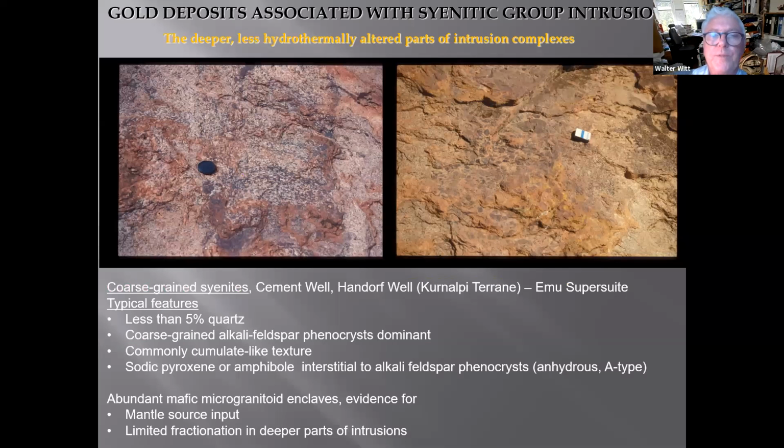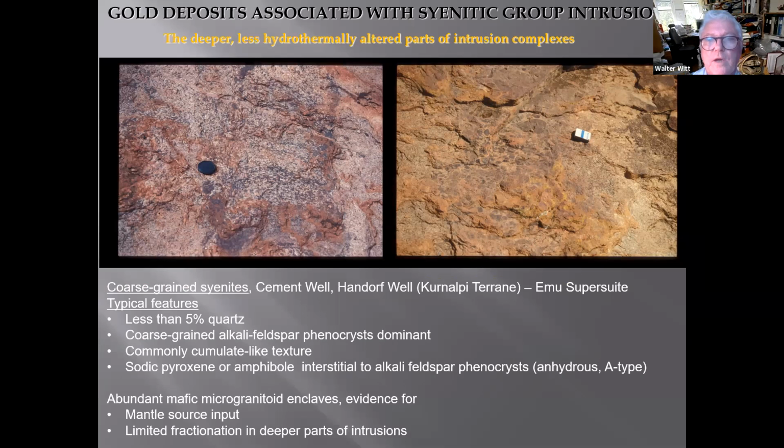These next 2 slides both come from the down-thrown Kalgoorlie-Kurnalpi greenstones and show what the coarse-grained syenites look like. These are both examples of the Emu supersuite, from Cement Well on the left and Handorf Well on the right. The syenites comprise less than 5% quartz and are dominated by coarse-grained phenocrysts of alkali feldspar.